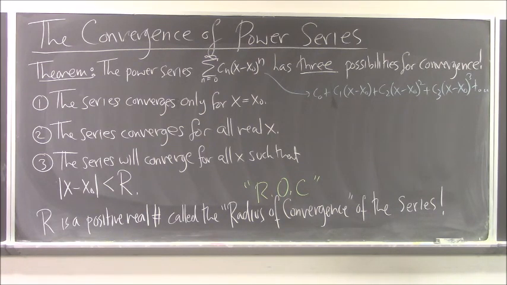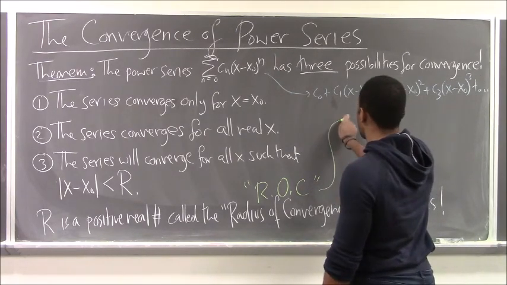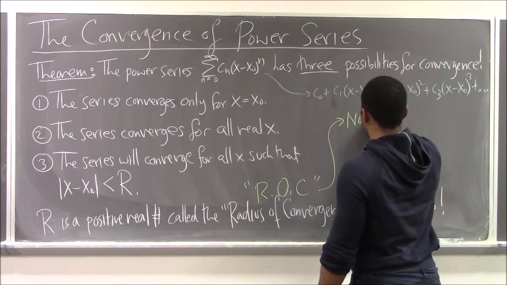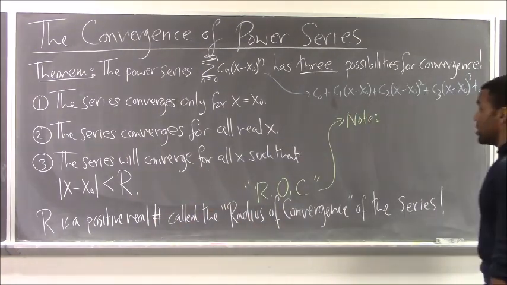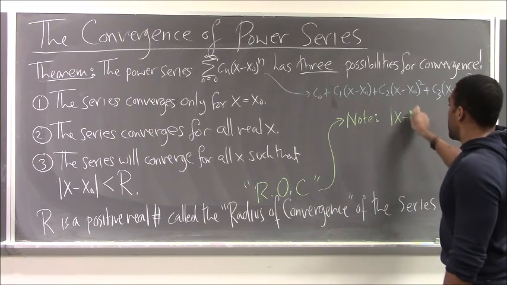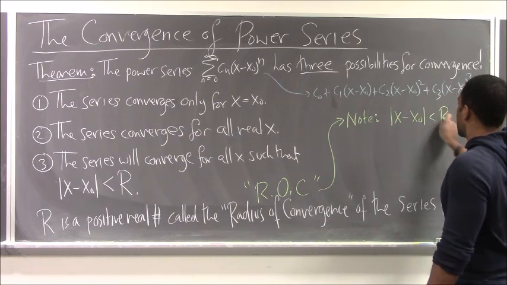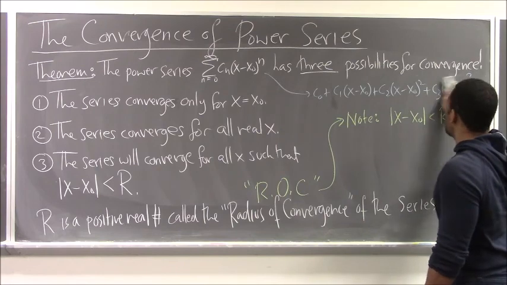First of all, I also want you to notice what this actually means. Note, just to flesh this out a little bit so that you understand what that means. |x minus x naught| less than R, what does that actually mean?